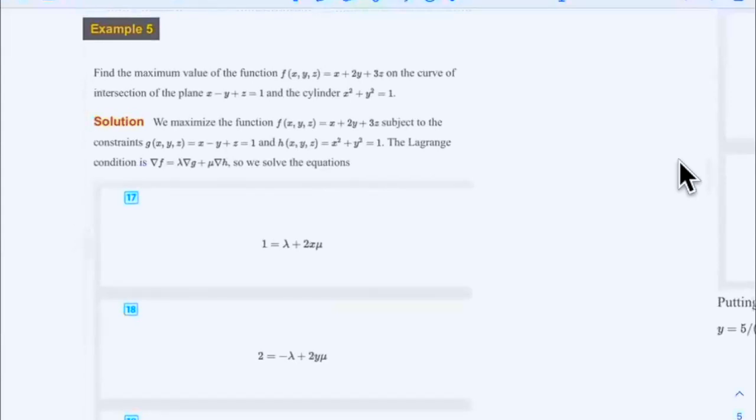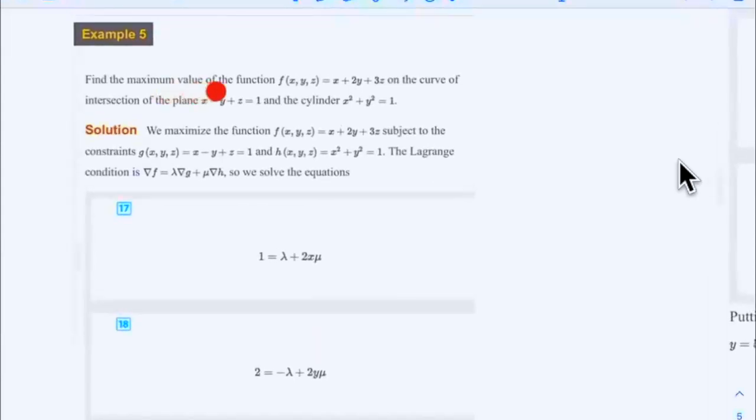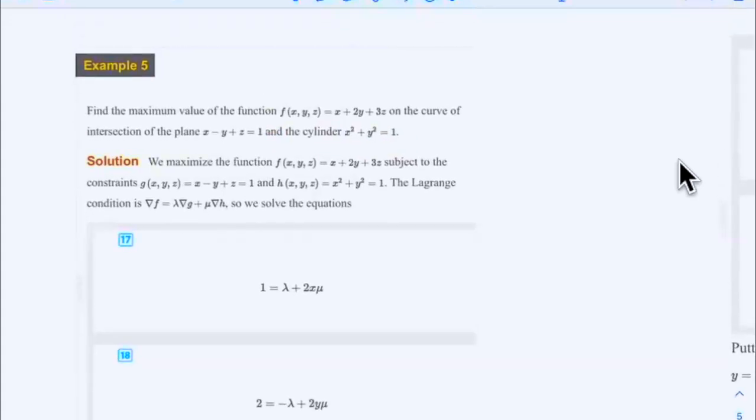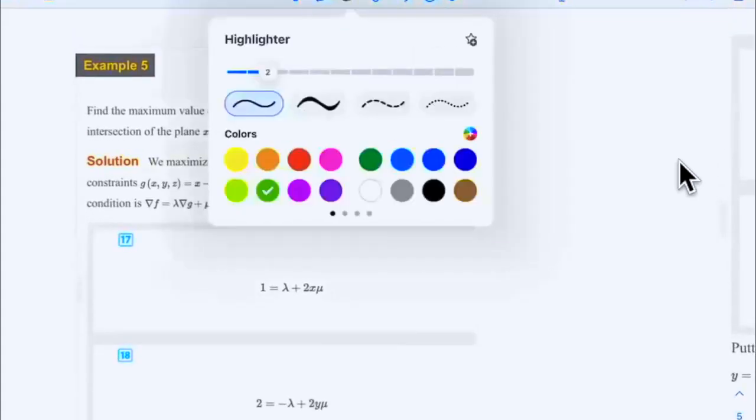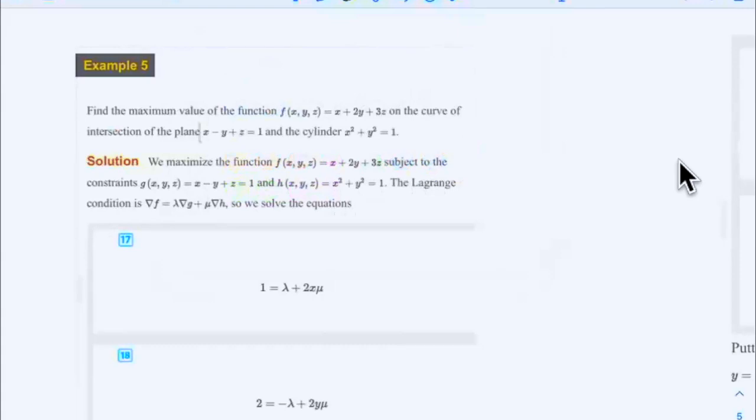So in this example, we're trying to find the maximum of this function on this curve of intersection of this plane and the cylinder. So this time, we have 2 constraints. One is this one, and then the other one is this one.